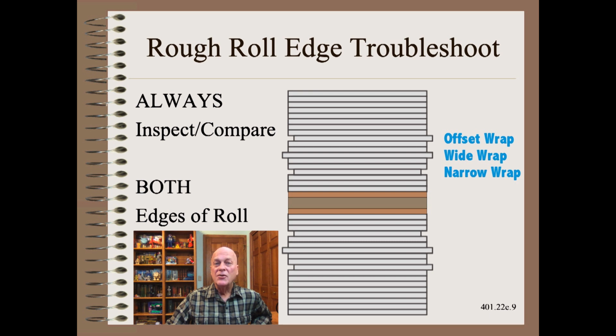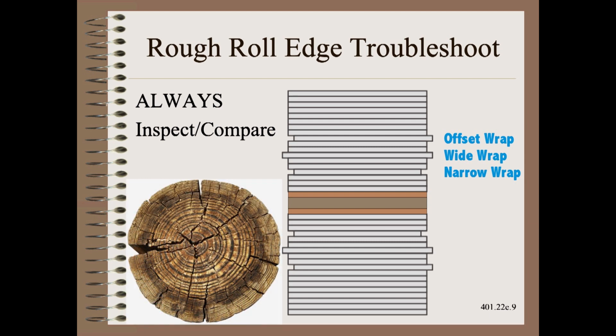Now we are ready to move beyond smooth roll edge defects. Rough roll edges are one of the most difficult of the winding defects to troubleshoot down to the single root cause. Think of the layers in a wound roll like tree rings. A narrow tree ring tells you something is wrong.